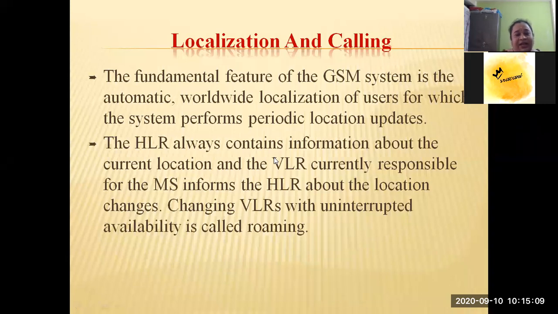The HLR first gets the information from the mobile station, that is, from where the call has been raised. Using the information given by the mobile station itself, the HLR updates the location of the corresponding subscriber. Thereon, it is forwarded to the visitor location register, which is responsible for giving the information about the location updates also.